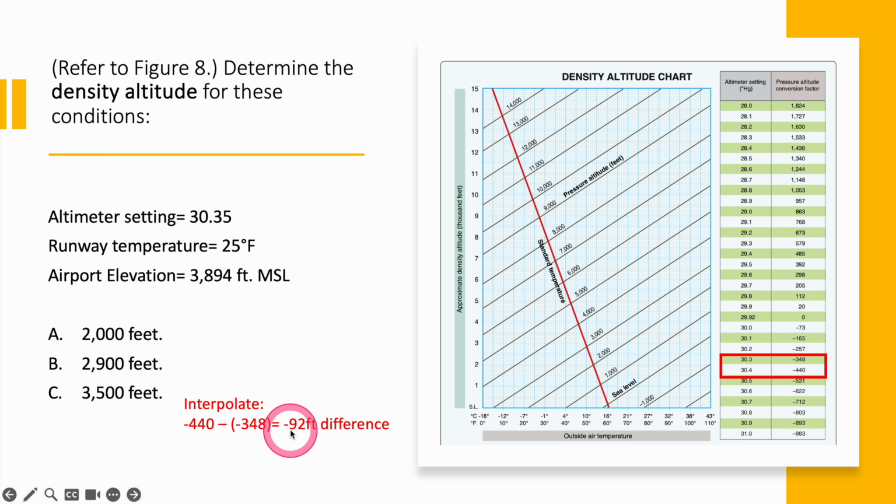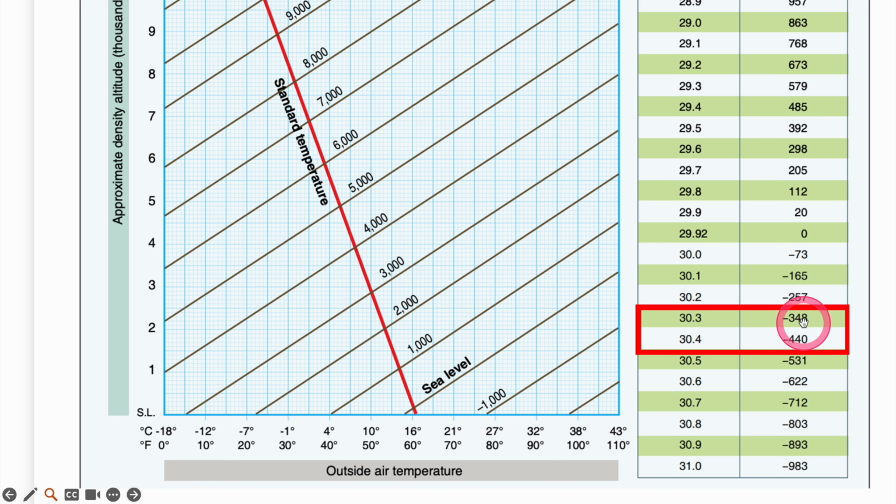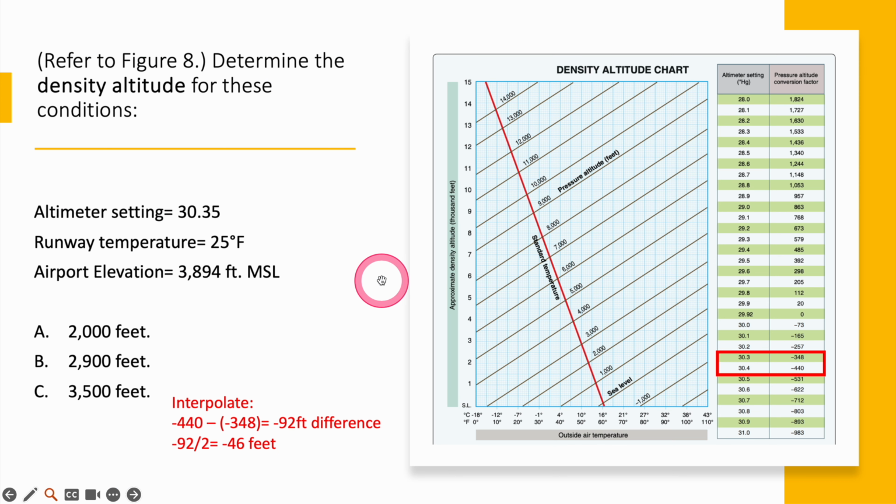Average those two. It's a 92-foot difference between these. Divide that by 2 to find the midpoint, and you get 46 feet. So you can either subtract 46 from 440 or add it to 348 to get that. You should end up with negative 394.